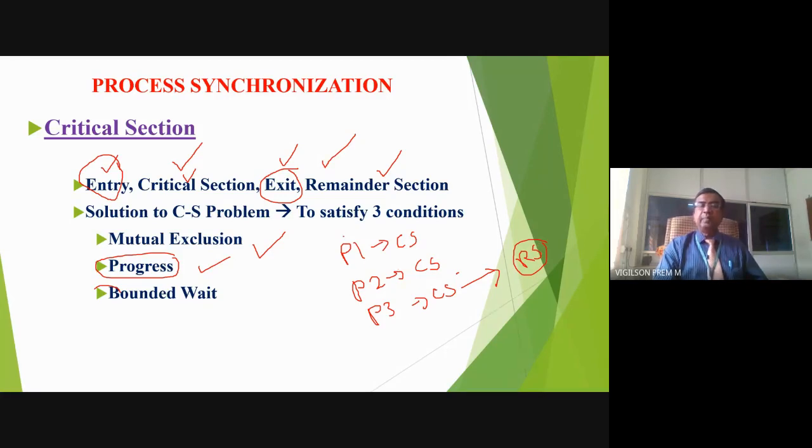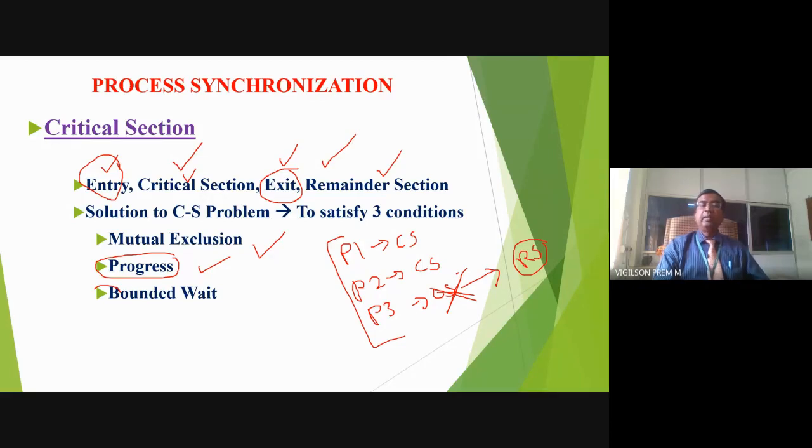Now these three processes are requesting. The operating system says to P3, don't request the critical section when you are doing some work. P3 already has work in the remainder section, so P3 should not be allowed into the critical section. That means a process is not allowed to request the critical section if it is working in the remainder section.